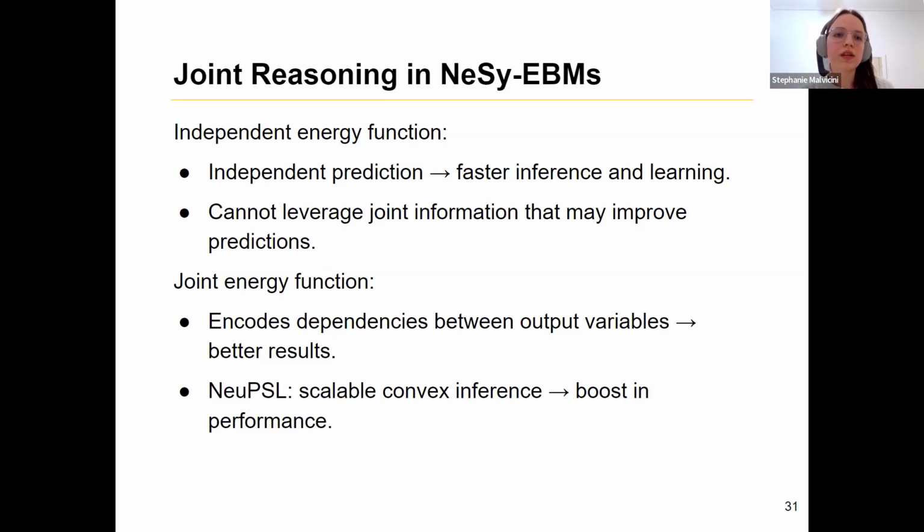But the issue with this type of function is that it cannot use joint information that may improve the predictions.